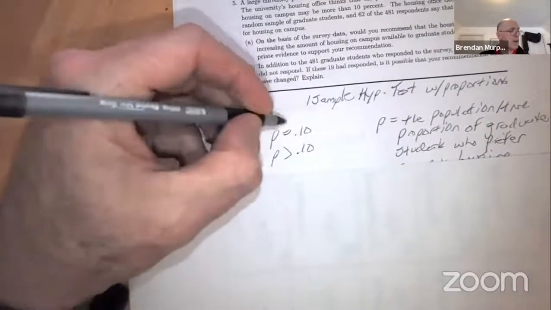So my null hypothesis is P equals 0.10. So that's the population proportion of students. And there were a couple clues in the problem here leading me to feel like my alternative needed to be greater than. So my alternative is that the proportion is greater than 10%. Right now, we don't really think that's enough, so I'm sure Luke talked about it.